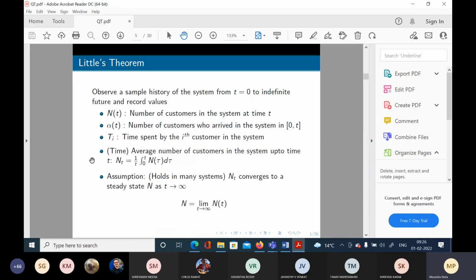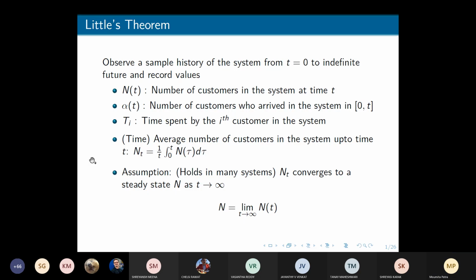And now let's get to this part. All right. So what are we going to do? We are going to observe a system. Okay. So what are we going to observe in this system? We are going to observe a sample history of the system from time t equals 0 to indefinite future. Okay, so for infinite time, you are going to look into this system starting from time t equals 0, and you will be recording values.